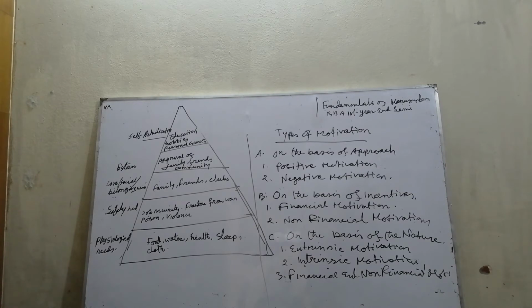Financial incentives include wages and salaries, bonus, benefits, retirement benefits, etc. Money plays an important role in motivation. Money helps to satisfy psychological and security needs of workers. Money is also useful in satisfying social needs to some extent because money is often recognized as a symbol of power, prestige, and status.